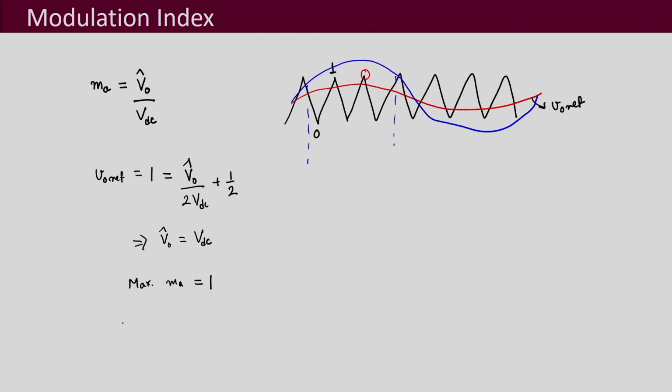Using the maximum modulation index for the particular PWM you are using, you will know the minimum DC bus voltage that is required. So, maximum modulation index indicates minimum VDC needed to obtain VO hat.